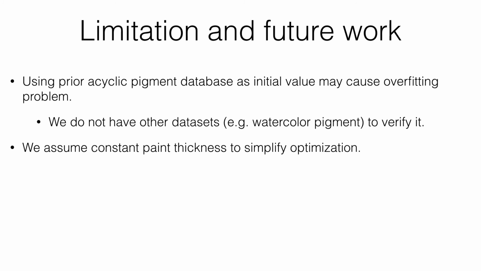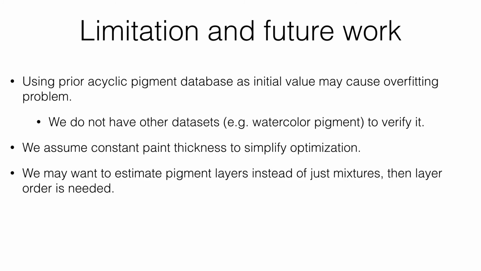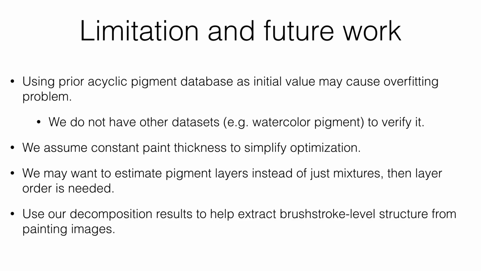However, in the real world, this is not valid. We may want to estimate pigment layers instead of just mixtures. Then layer order is needed. Using our decomposition result to help extract brushstroke level structure from painting image is also very interesting.